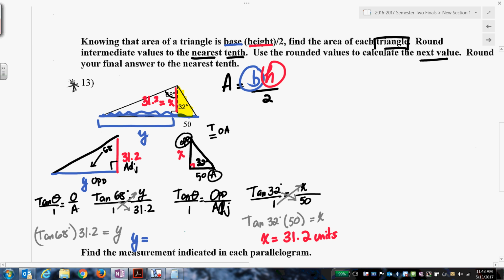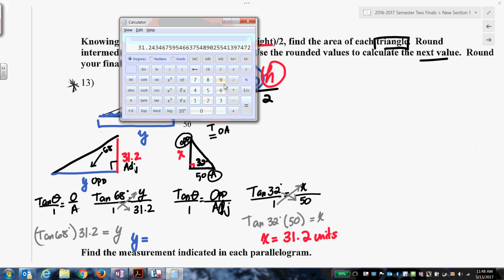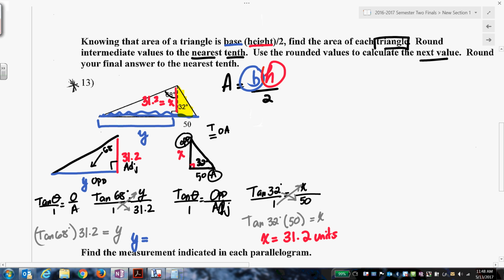I'm going to pause, you do the math, and check your calculator with mine. Rounding to the tenth place, that's 77.2. Units.